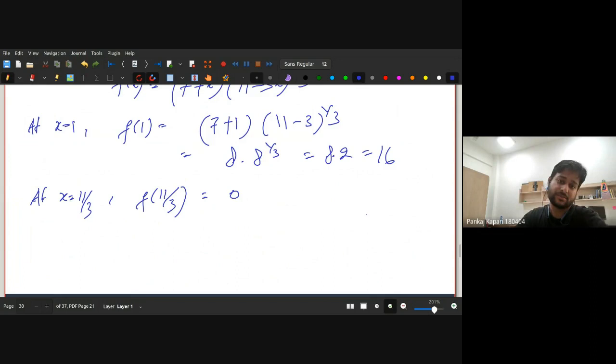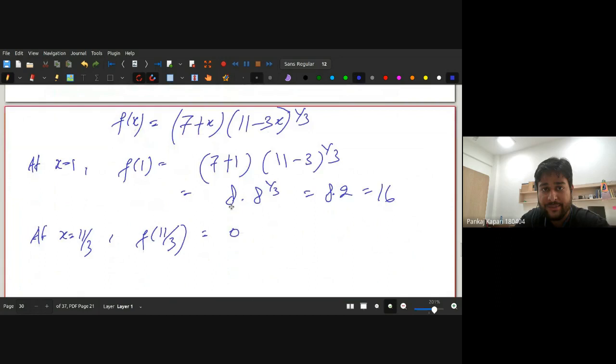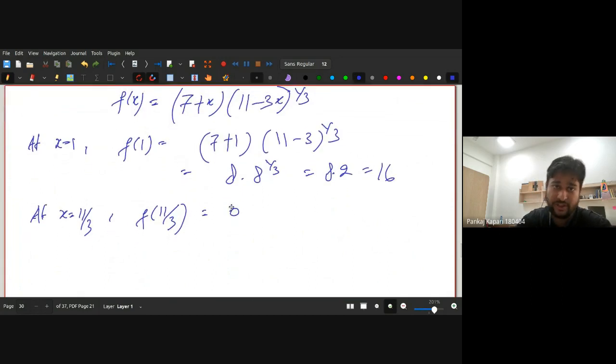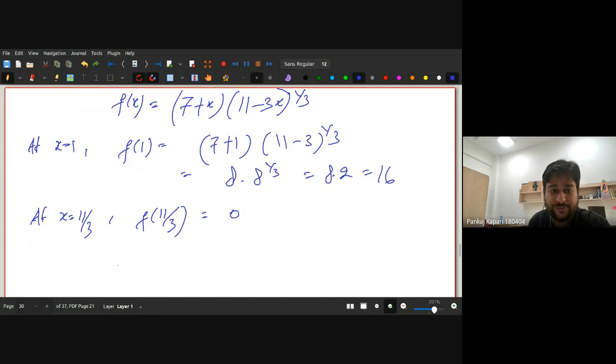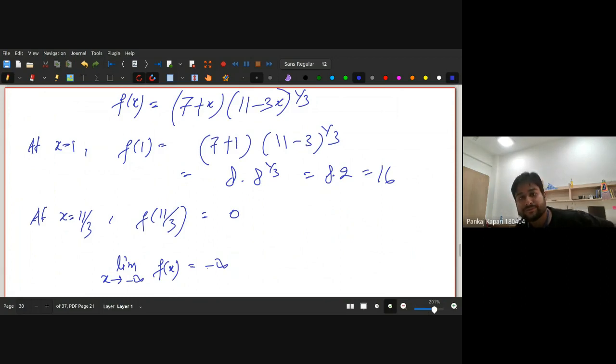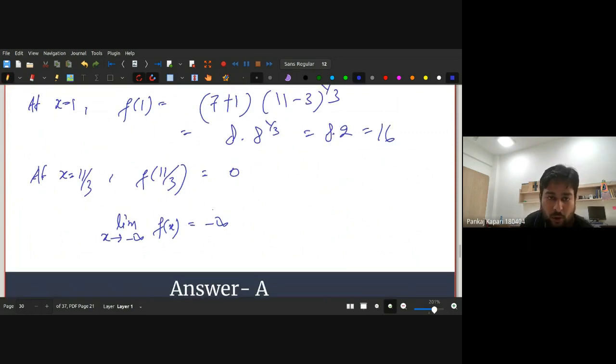So you may say that the 0 is the minimum value. But notice that if you take the limit of this function as x goes to minus infinity, then this is minus infinity, right? And therefore the function cannot have any minimum value.